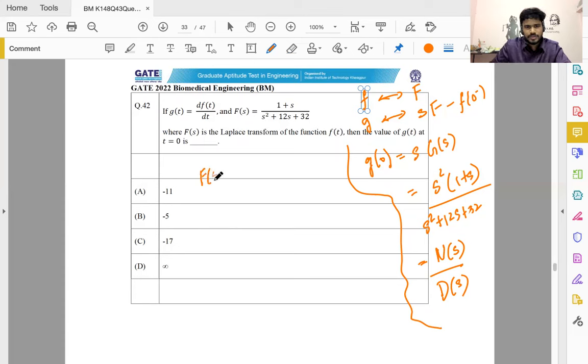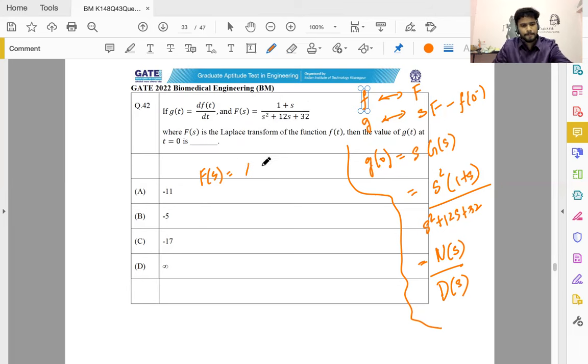I did it once, I didn't really check that, but so this is s plus 8 into s plus 4. As a partial fraction, I have a by s plus 8 plus b by s plus 4. You can find a and b, you know how to do that.